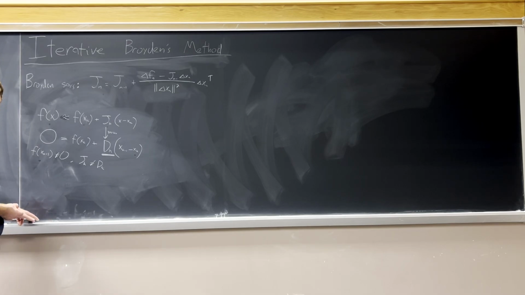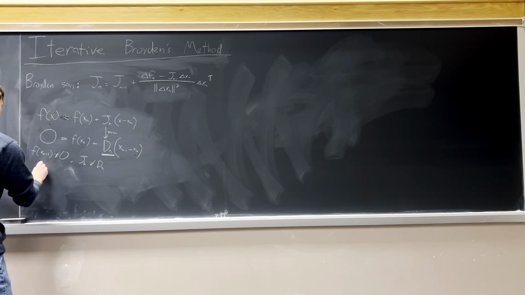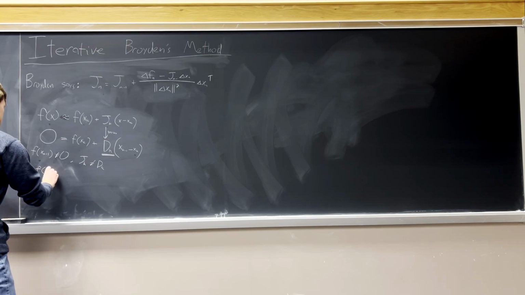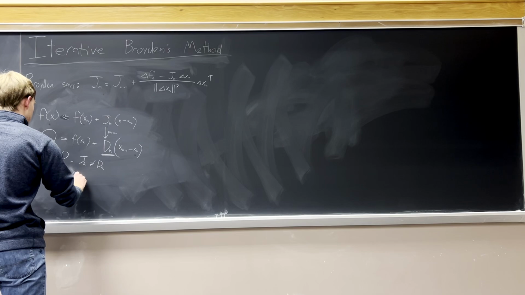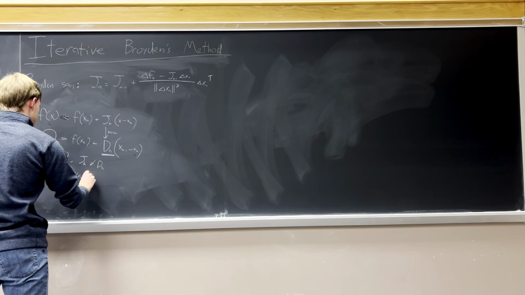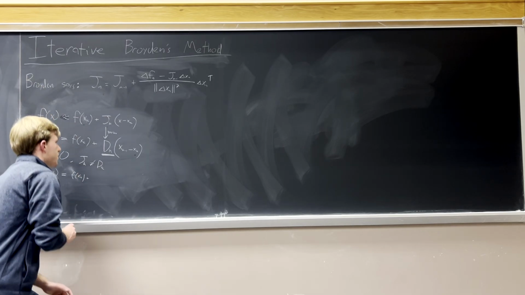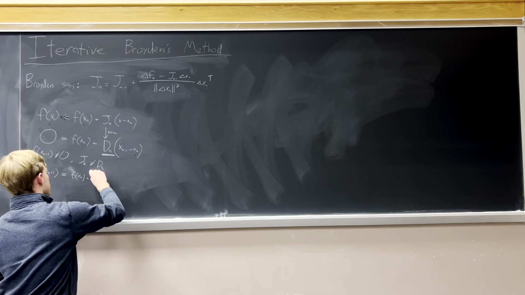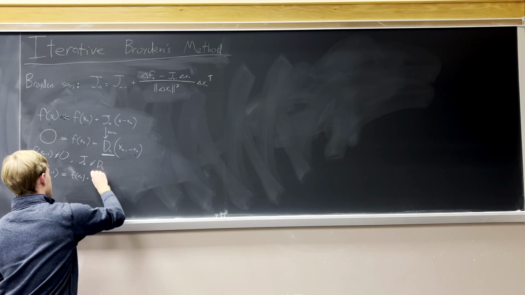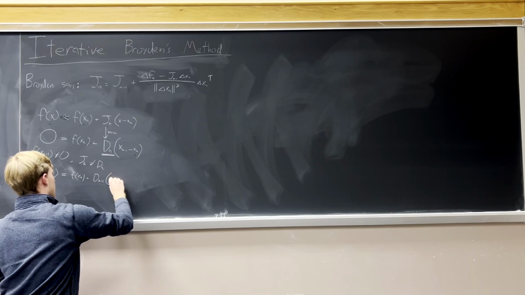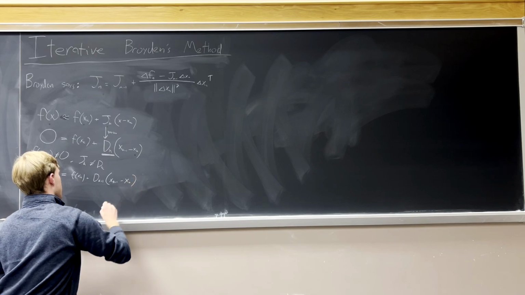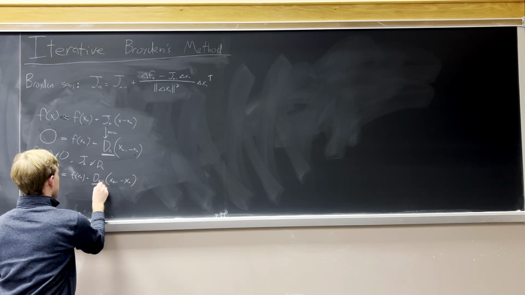So what we're going to do is set this f of x_{k+1} equal to f of x_k plus some new Jacobian. We're going to call it D of k+1 multiplied by x of k+1 minus x of k. And so now we can solve for this Jacobian.